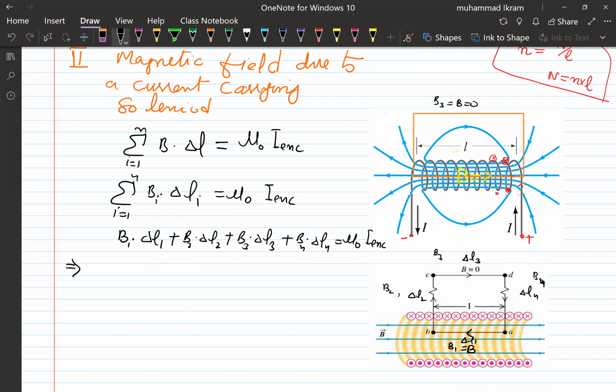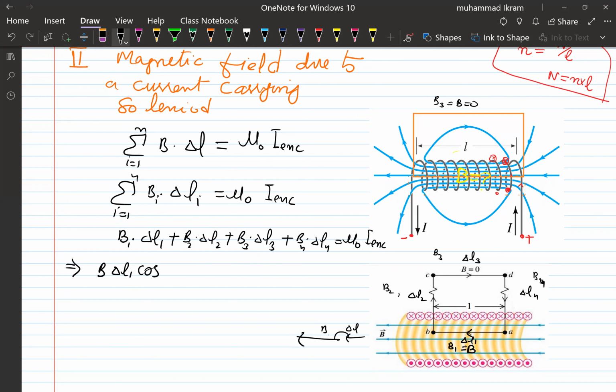Now what will I be writing here? B dot delta L1, so B delta L1 into cos theta. Now look, the magnetic field is in this direction, and the length element delta L is also in the same direction.